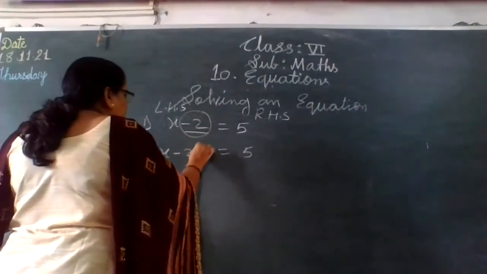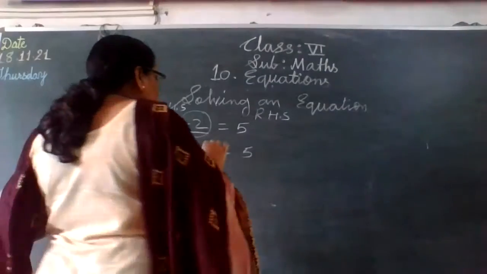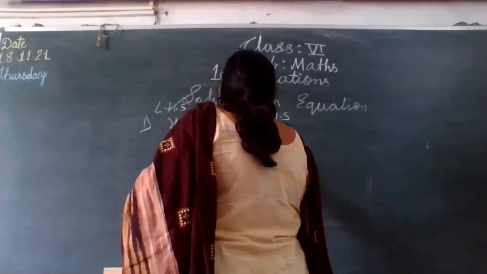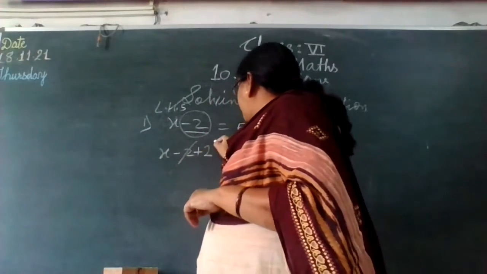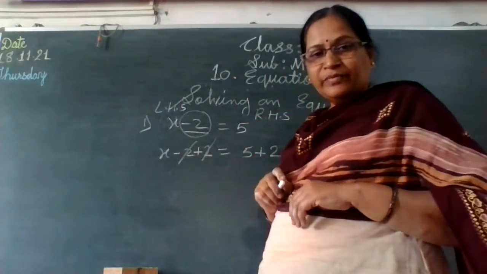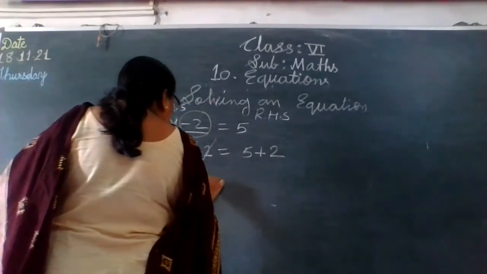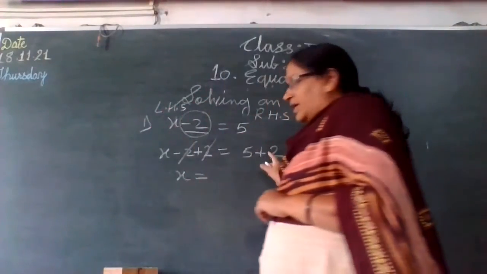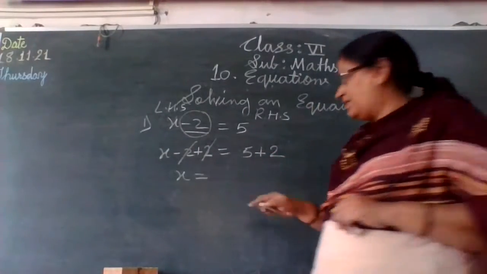To move it, here we are taking plus 2, and the same you have to do in the right hand side. This minus 2 plus 2 gets cancelled. What is left? Only x is left in the left side, and on the right hand side 5 plus 2 is 7.